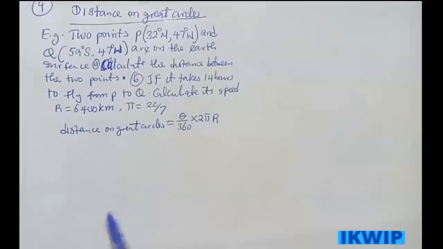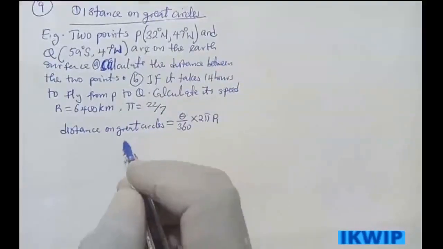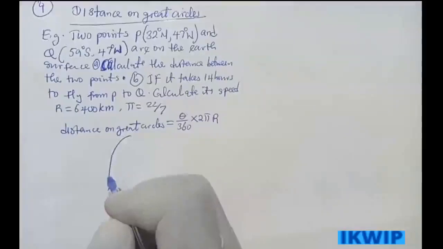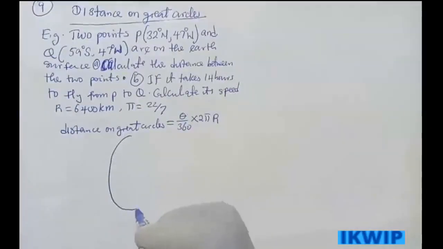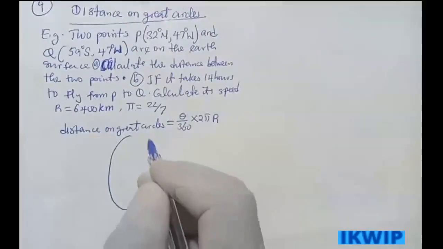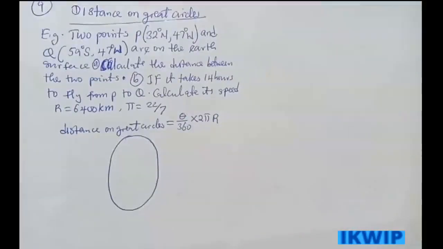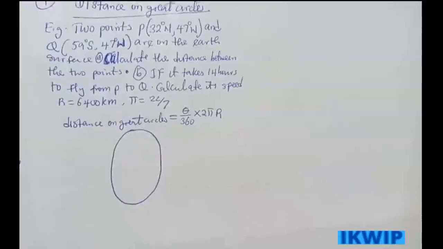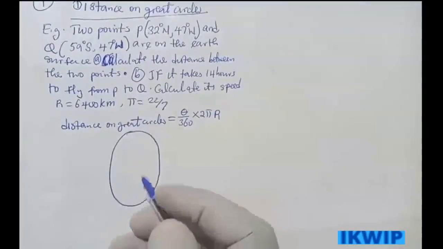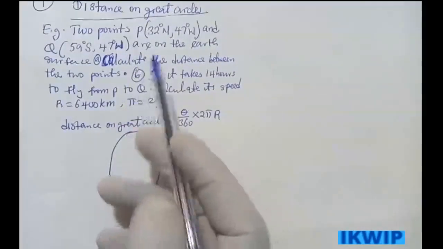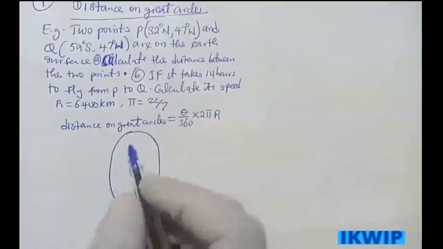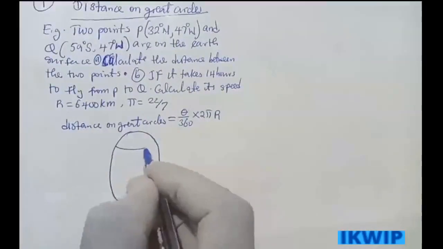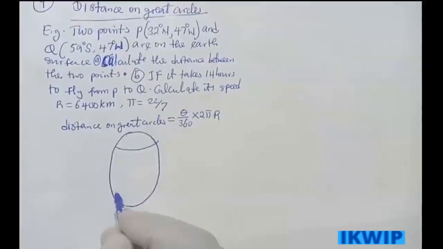Alright, so let's draw our globe. We need to locate these places on the globe. Let me draw my globe here, just something like this. I will locate these places. 32 degrees north, this is my north, this is my south.